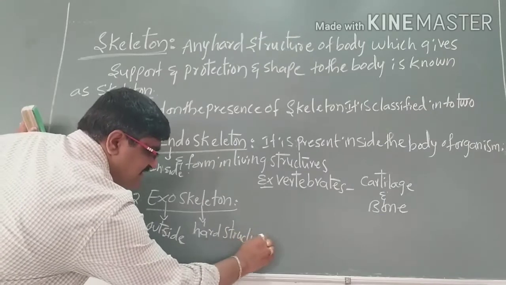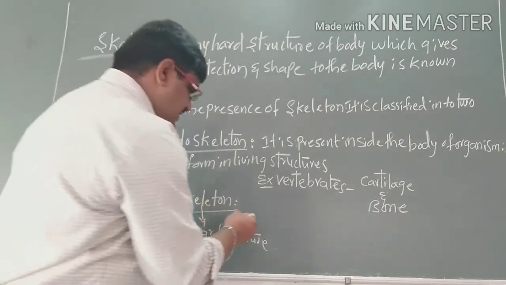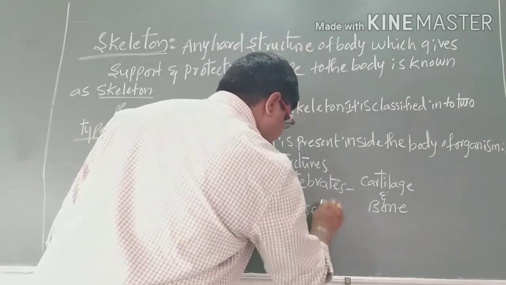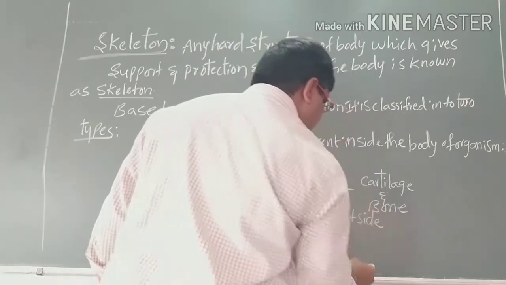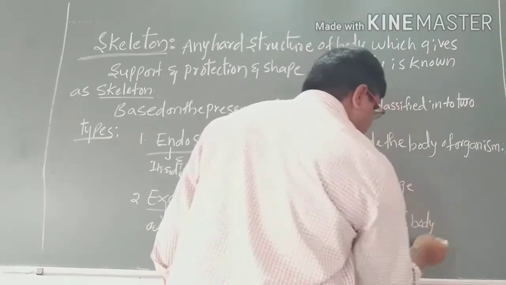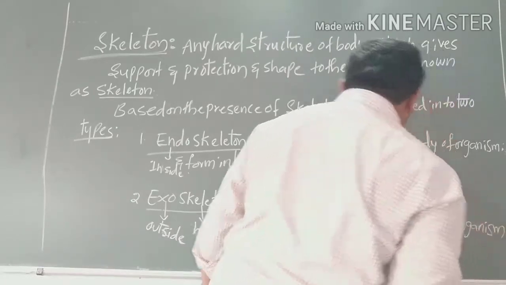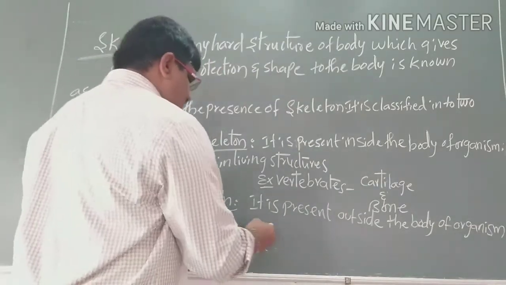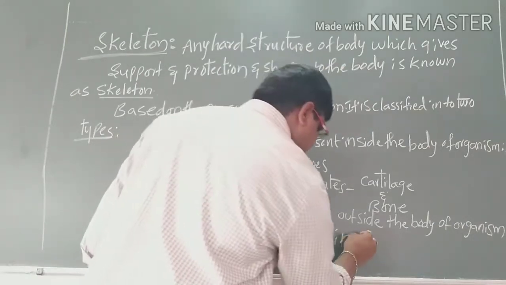So the hard structure is present outside the body of an organism, and forms in dead structures.